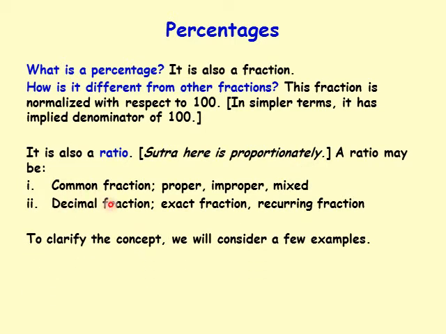It might be a decimal fraction, which could be an exact fraction or a recurring fraction. To clarify the concept, we will consider a few examples. So first we know that it's a fraction or a ratio, the denominator is implied to be 100, and the ratio could be a common fraction.